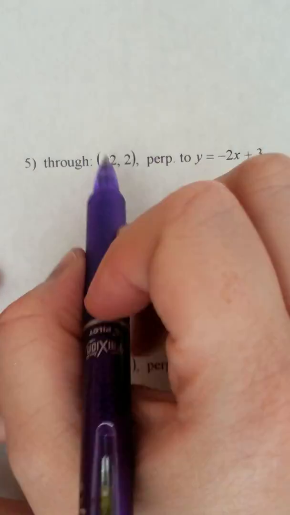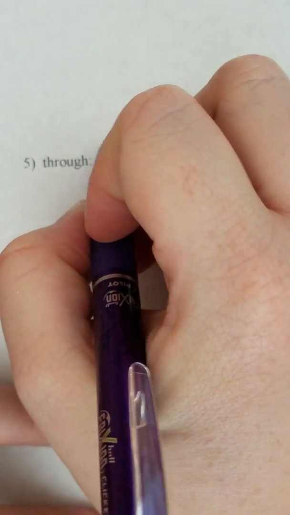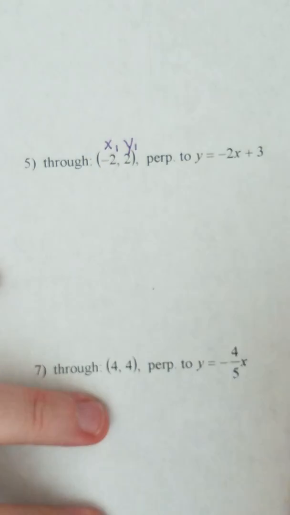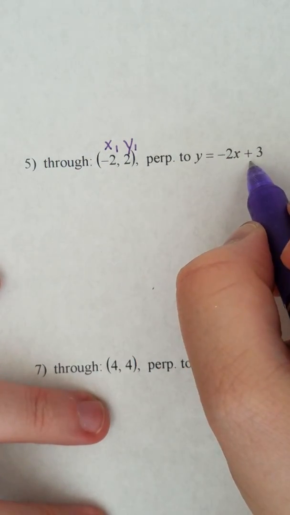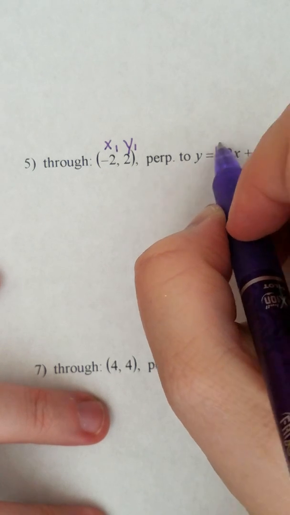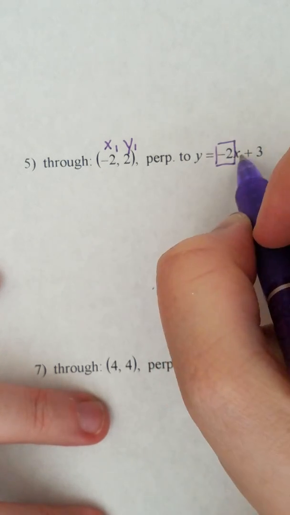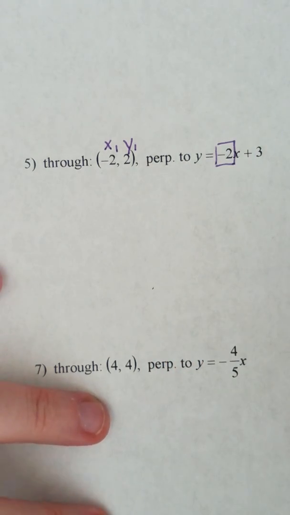So first of all, what they're giving me is my x and y coordinate. And then the only reason they give me the equation of this line is so I can get the slope from it right here. Notice I did not include x. X is never part of the slope.